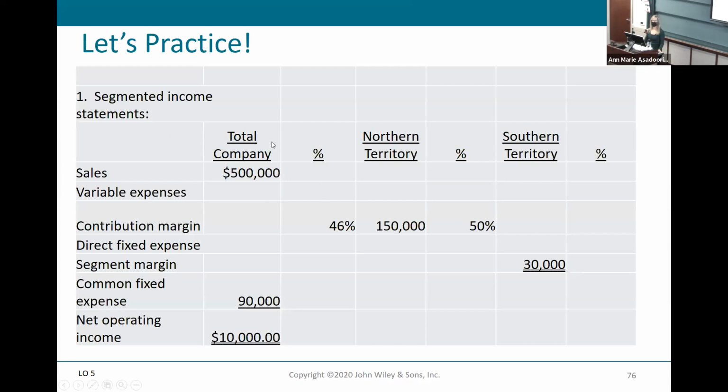I give you the company as a whole sales, contribution margin ratio, common fixed expenses, the net operating income. So could you tell me the overall segment margin of both divisions, or the segment margin of the Northern Territory? Any of these missing numbers could be your multiple choice question.